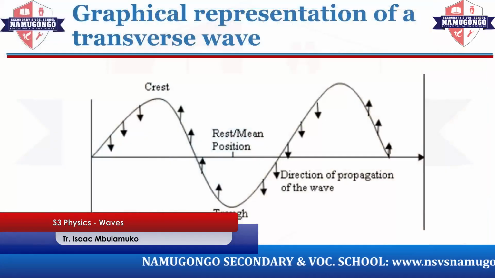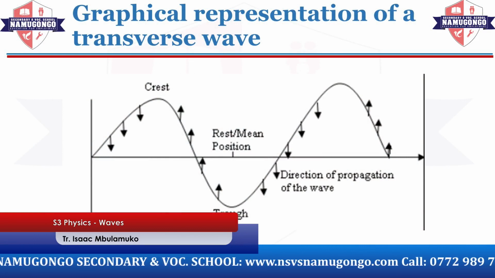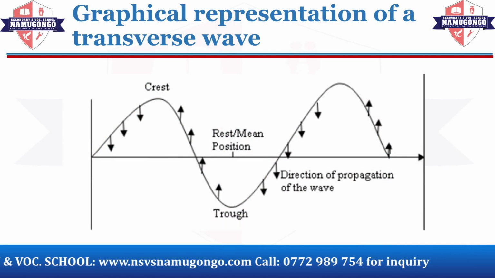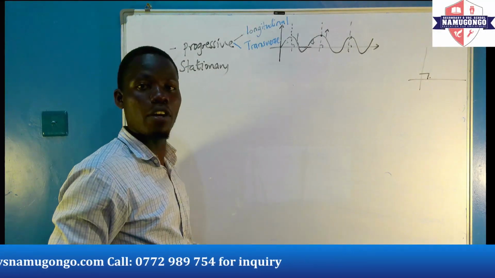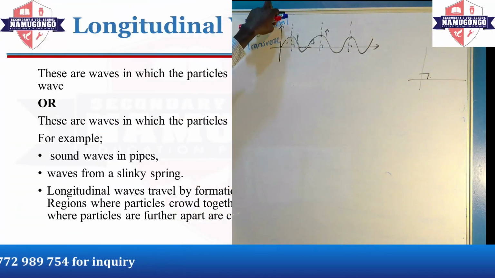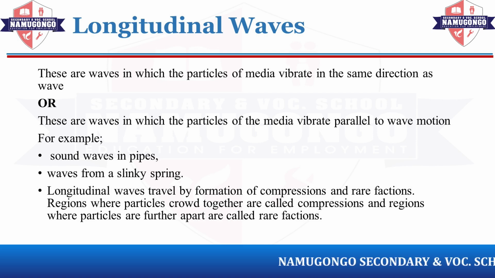Graphical representation of a transverse wave. I've already shown you, so these particles vibrate up and down, but they vibrate perpendicular to the direction of propagation. Then we come to the longitudinal waves. These are waves that propagate parallel to the direction of the wave.